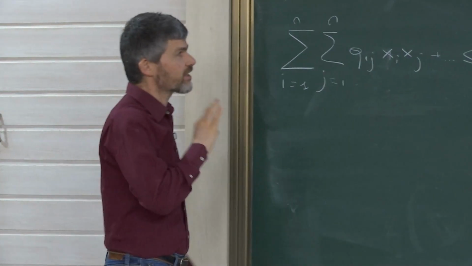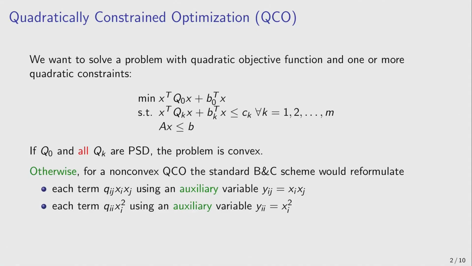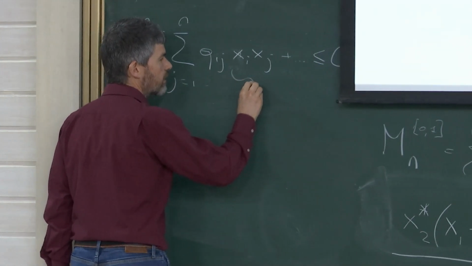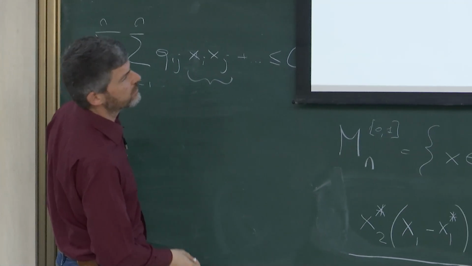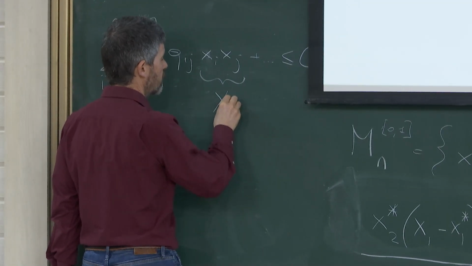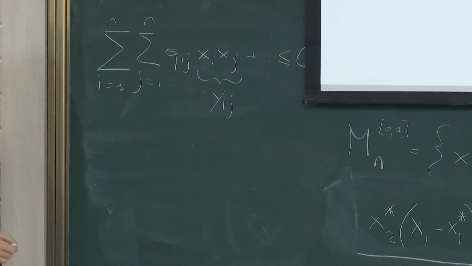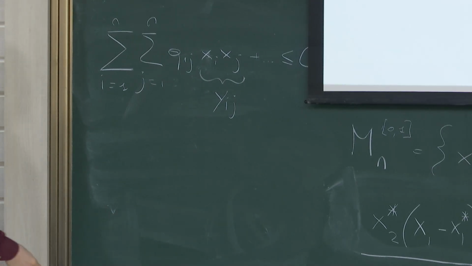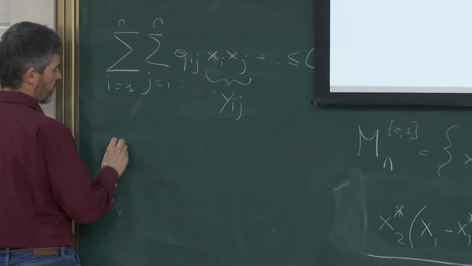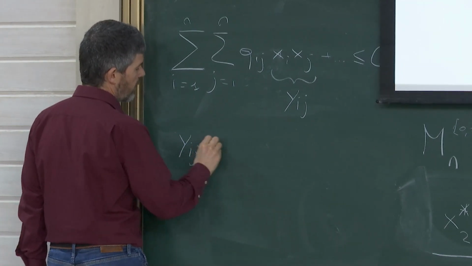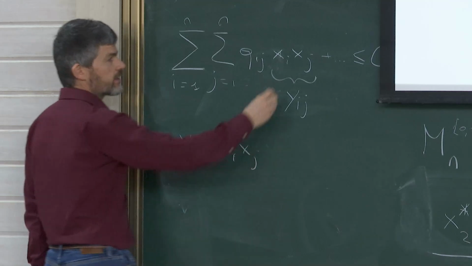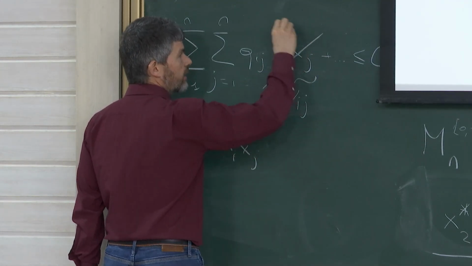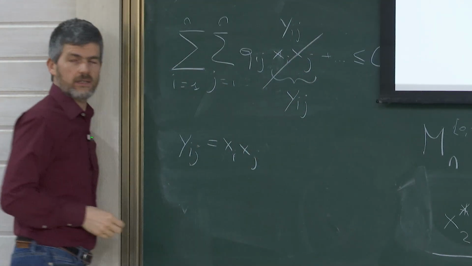This is very important. The branch and bound for non-convex optimization would simply create a new auxiliary variable that we call yij from now on, and on which we would like to impose a constraint yij equals xi times xj, so that we can simply substitute the yij in this quadratic form.